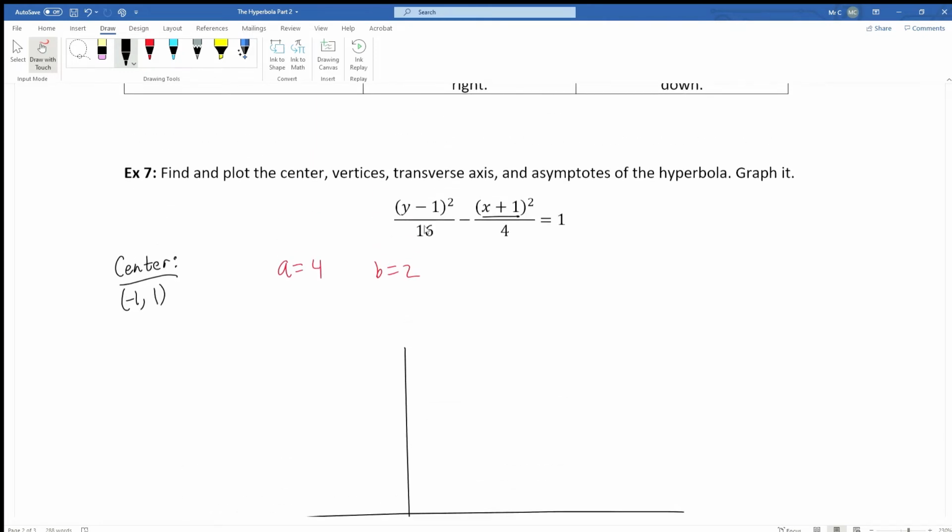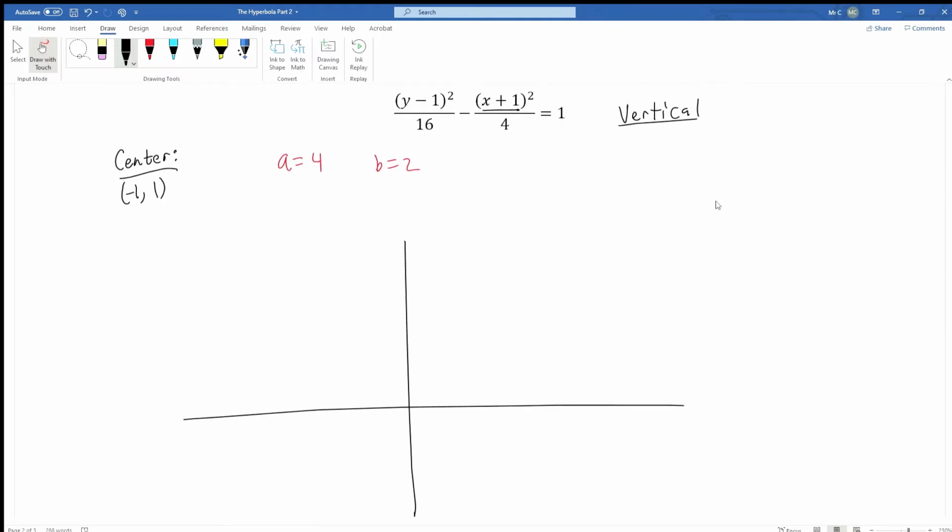All right, so since this is a y squared, this is a vertical hyperbola. And so I'm going to count out a in the vertical direction each way, and then b in the horizontal. That tells me my vertices are at, well, my first vertex is at 0.